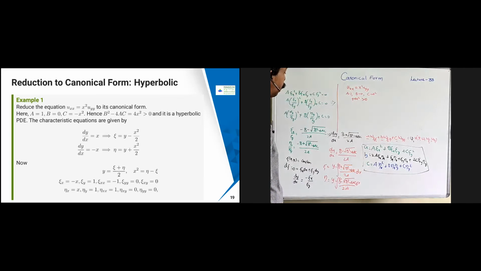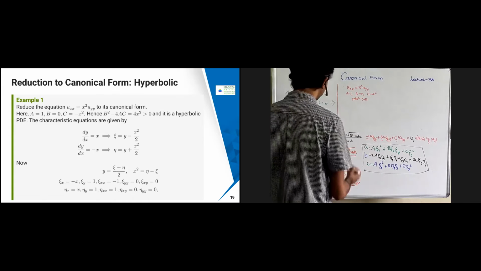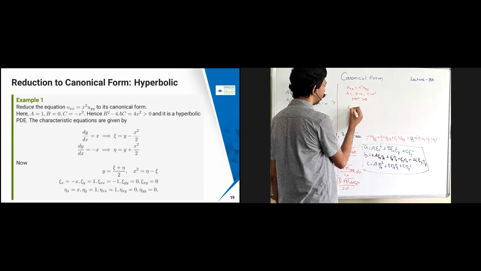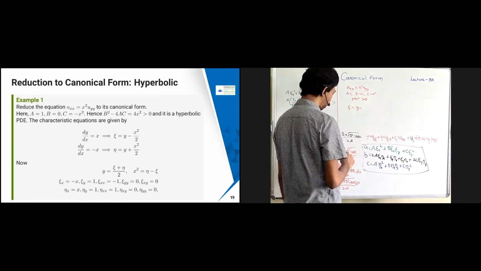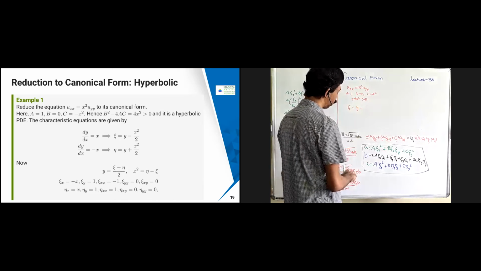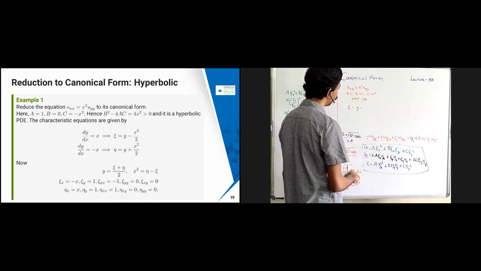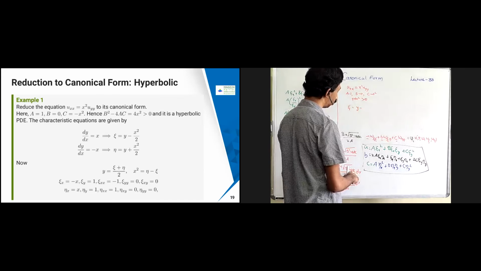If it is a hyperbolic PDE, then again you can apply the same logic. Therefore, you are going to get dy by dx, etc. If I substitute it over here, I am going to get the answer. Chi is going to become y minus b, which is already 0, and b square minus 4ac is 4x square, that is 2x.